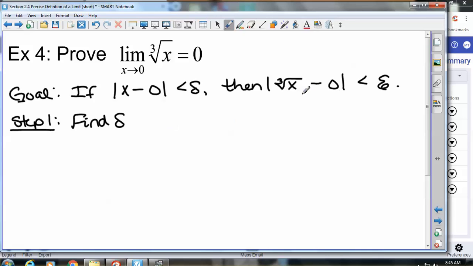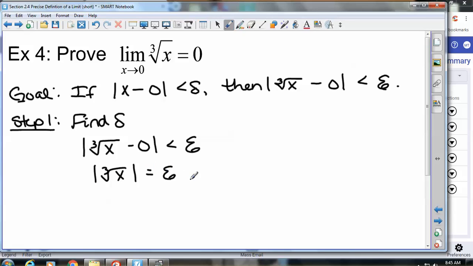So we start with this epsilon sentence. What is the cube root of x minus 0? Just the cube root of x. How do you cancel a cube root? Cube it.